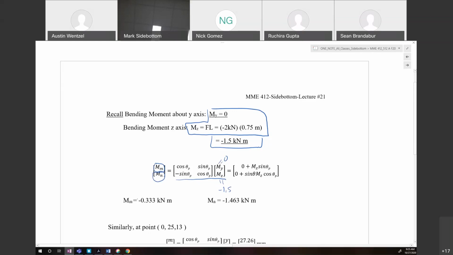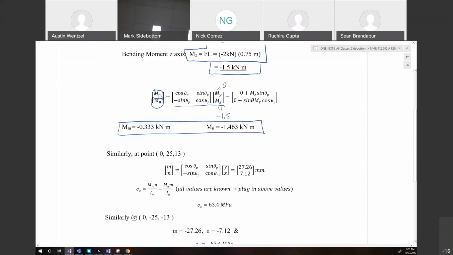We can solve for MM and MN. And then we can use the transformation equations again to plug in our values of y and z to solve for our coordinates m and n. So if we do that, we'll get these values for m and n.